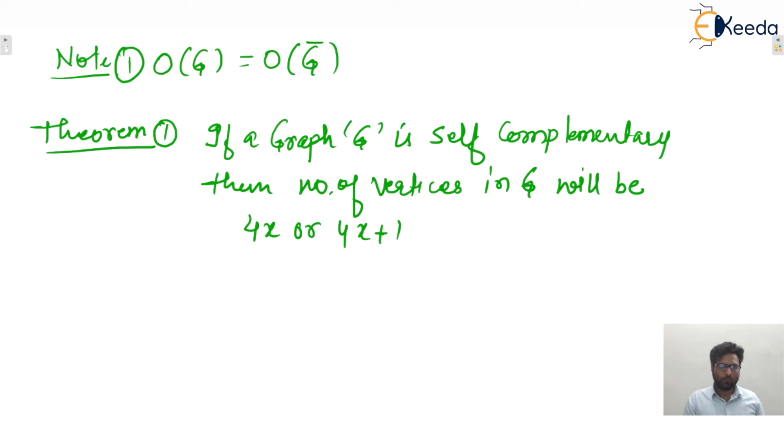Or we can say that the number of vertices in graph G mod 4 will be equal to 0 or 1.